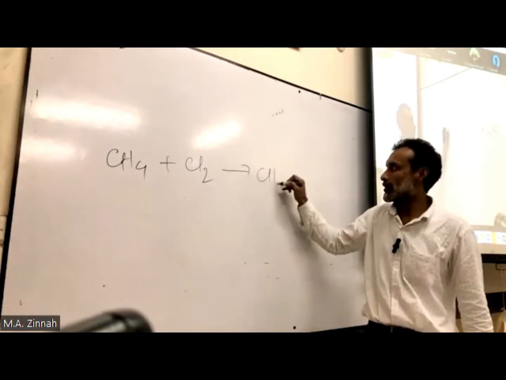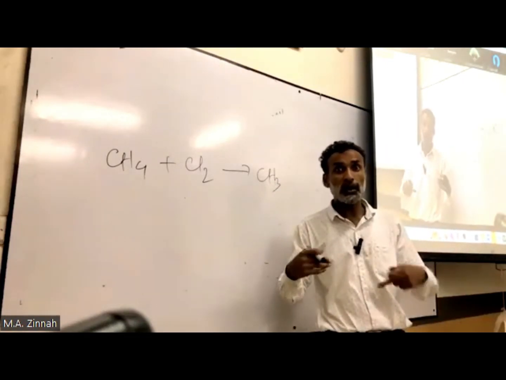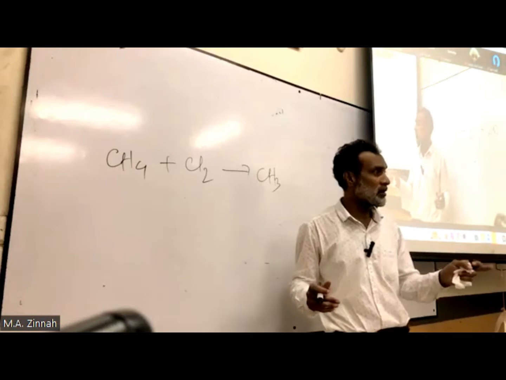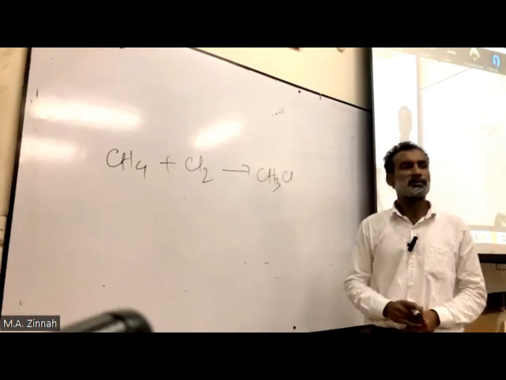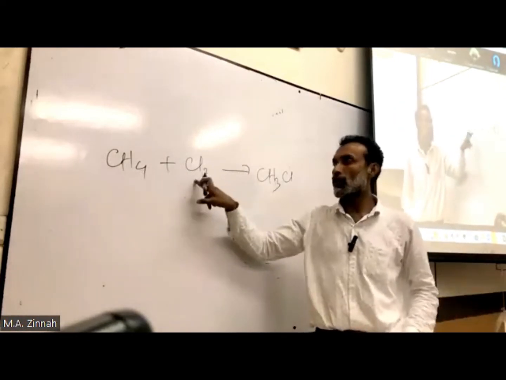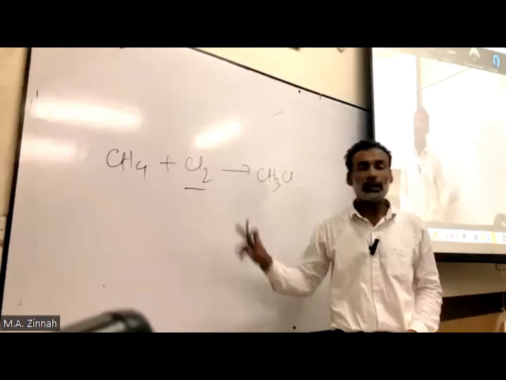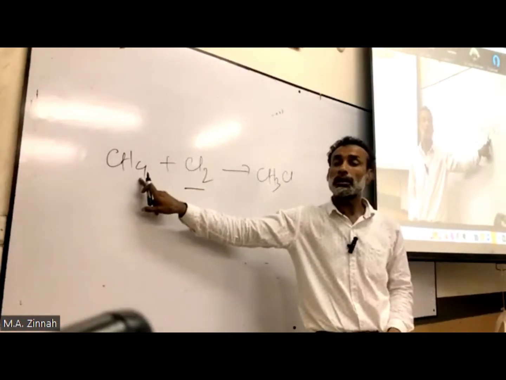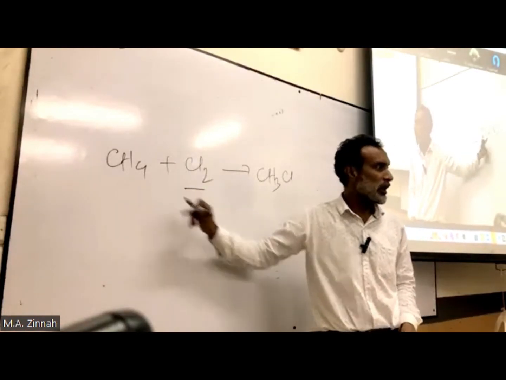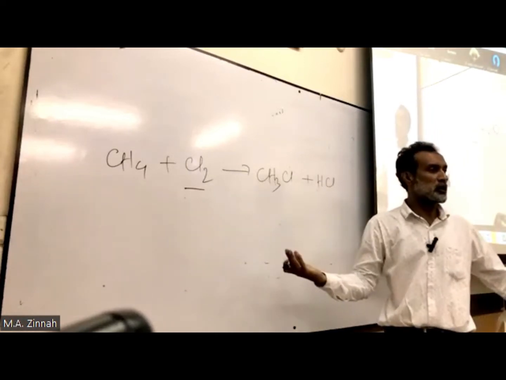And now it is 3. Why 3 here? 1 is replaced with what? Chlorine. So this chlorine comes in here. A hydrogen atom is replaced with 1 chlorine atom. But you have another chlorine atom there, right? And that will combine with the replaced hydrogen atom. And what is formed there? Hydrogen chloride. So this is the simple equation.